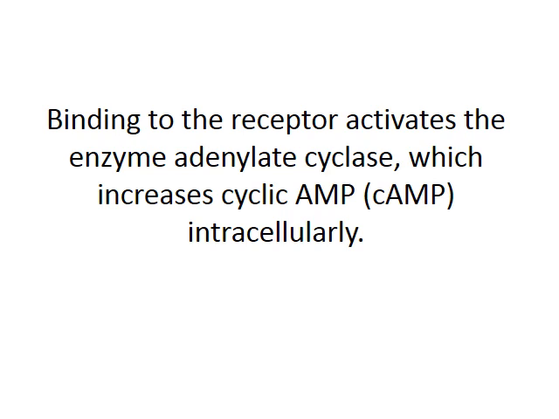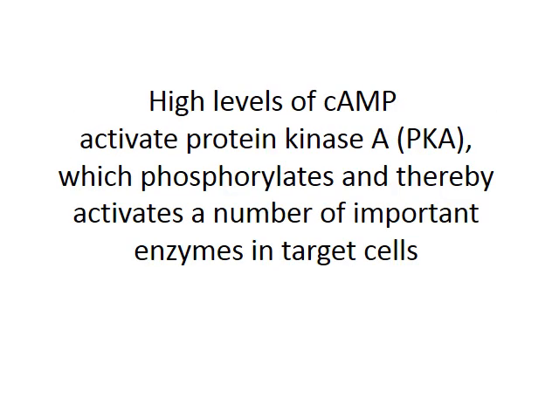Binding to the receptor activates an enzyme, adenylate cyclase, which increases cyclic AMP intracellularly. High level of cAMP activates protein kinase A, PKA, which phosphorylates and thereby activates a number of important enzymes in the target cell.